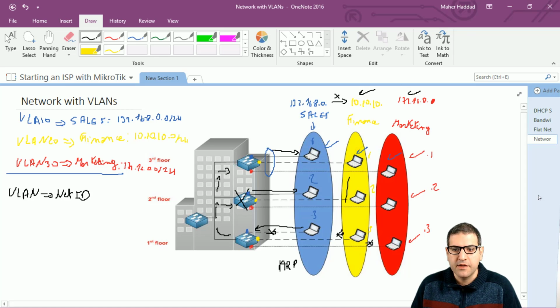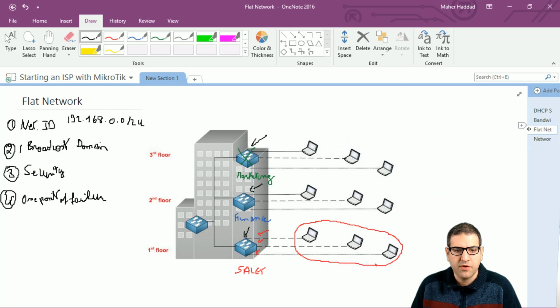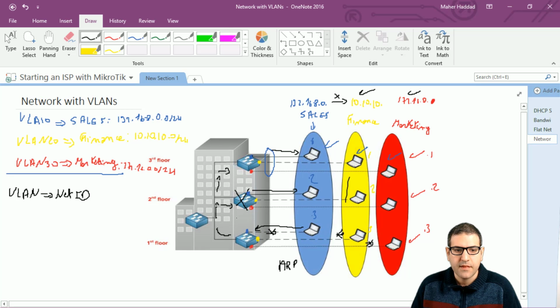Before, if we go back, if the switch of floor number 2 is off, then all marketing will not be able to work anymore, because that's where we grouped all marketing users, on floor number 2. But if I apply VLAN, and the switch of floor number 2 goes off, then what will happen is that this PC and this PC and this PC will not work anymore.